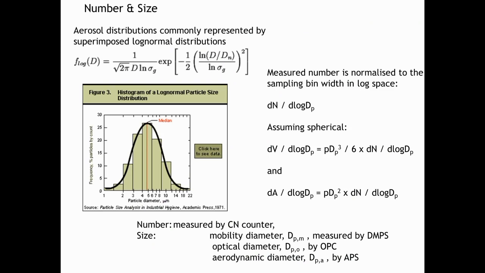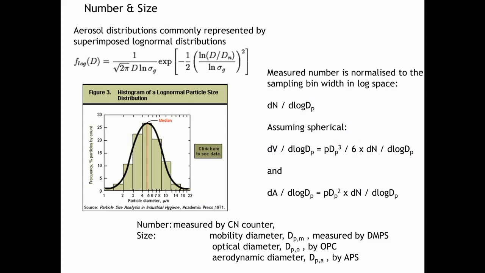So now definitions of the sizes and how we measure and describe the particle size distributions. Have you come across the log normal distribution? You've come across a normal distribution, just a straightforward Gaussian distribution.